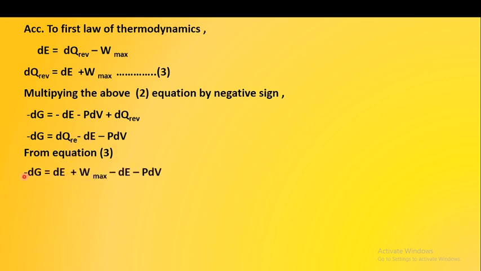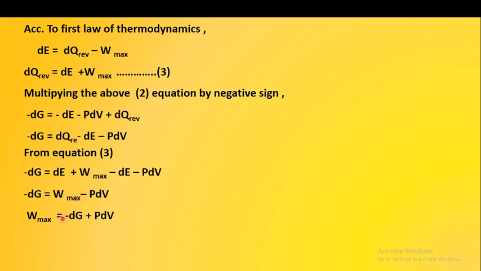Substituting the value from equation 3, minus dG is equal to dE plus W maximum minus dE minus PdV. The dE cancels, so minus dG is equal to W maximum minus PdV.